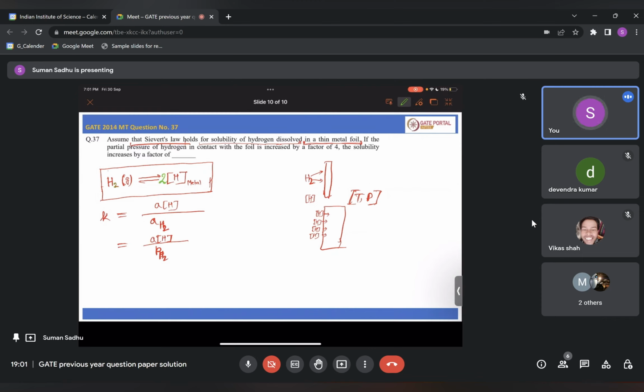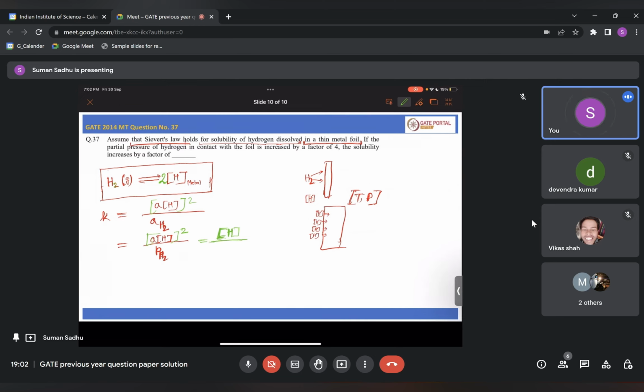So it will be the activity of hydrogen to the power square. The activity of hydrogen will simply be proportional to the mole fraction, or you can write it as the amount of the dissolved hydrogen. If the amount of the dissolved hydrogen is increasing, your activity will also increase.